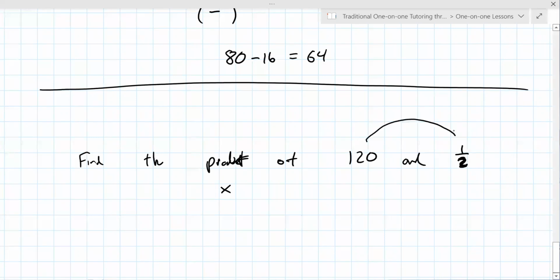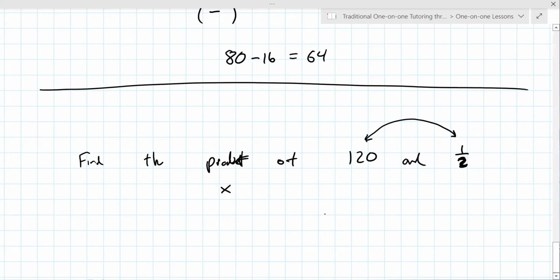So you're multiplying these together. I know we haven't done anything like this, but I'm just trying to give this a little more interest tonight. Do you remember how to multiply a whole number by a fraction? No, I don't think so.